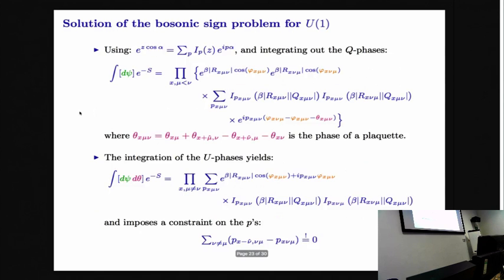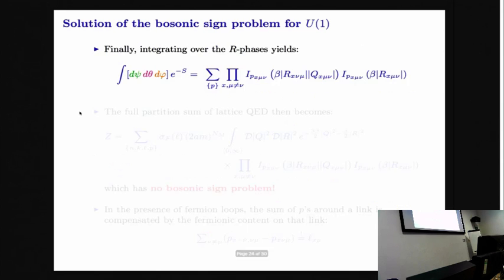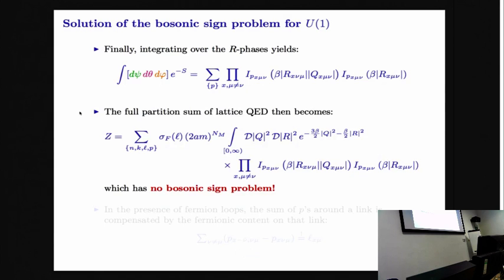Then finally, integrating out the phases of the R's, you get just another Bessel function. This is just the integrand of a modified Bessel function, and so finally you get an expression which is free of the sign problem. If you introduce this in the partition sum of lattice QED, then you get this fermionic sign that comes from the shapes of the loops, and a purely positive definite weight for the bosonic sector of the theory.